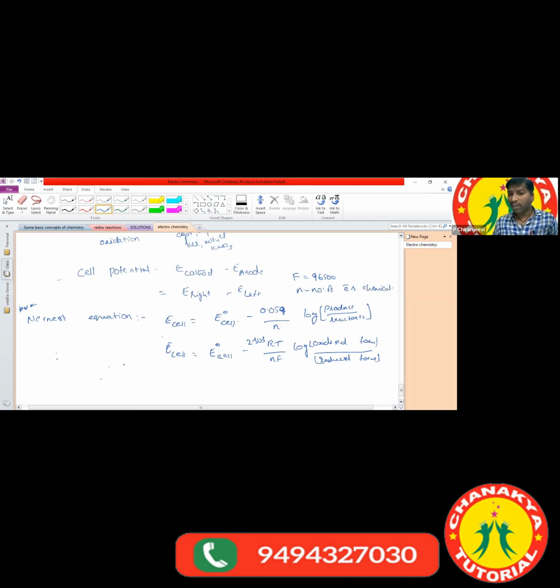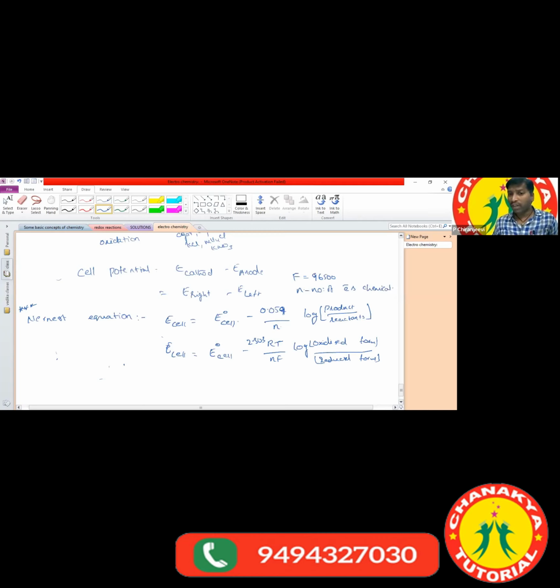Delta G0 is equal to minus nF E0 cell. This is one formula.